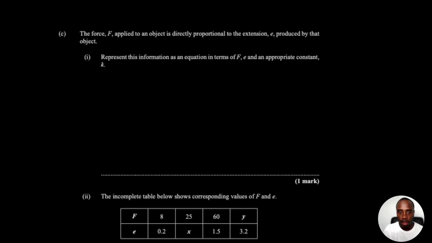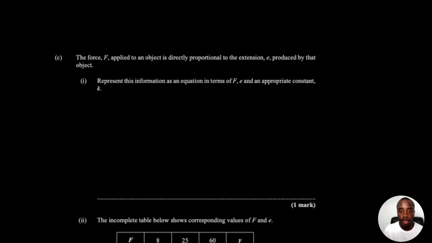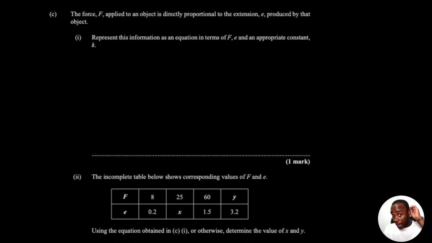Now, here in this question, it says the force F applied to an object is directly proportional to the extension E produced by that object. Represent this information as an equation in terms of F, E, and an appropriate constant K. Now, you remember earlier when we talked about the equation?